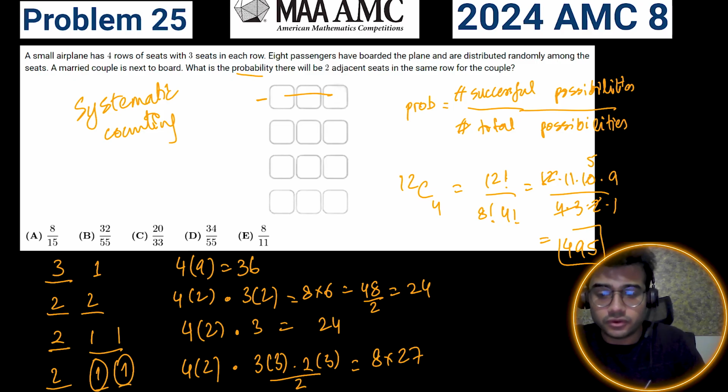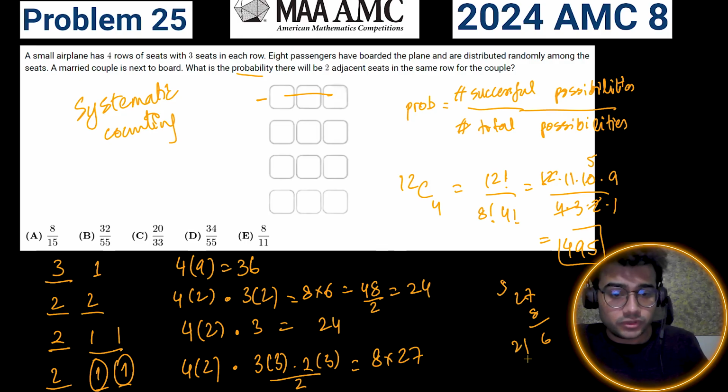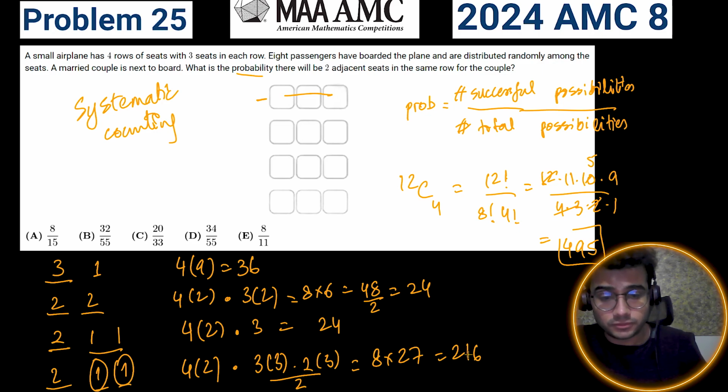And there is no other scenario, right? There is no other scenario we can have in which we have 2 adjacent seats. So let's see. 8 times 27, how much is that? That's 216. Okay. So let's add all of them up, and that will be our successful number of possibilities.